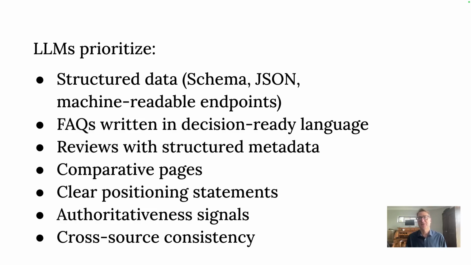LLMs prioritize structured data, that's schema, JSON, machine-readable endpoints. I've got a deck that explains that in detail. They also prioritize frequently asked questions in decision-ready language, reviews with structured metadata, comparative pages, clear positioning statements, authoritative signals, and cross-source consistency.